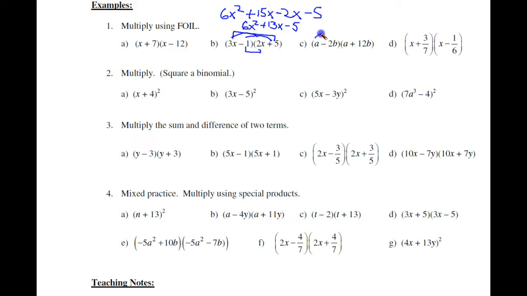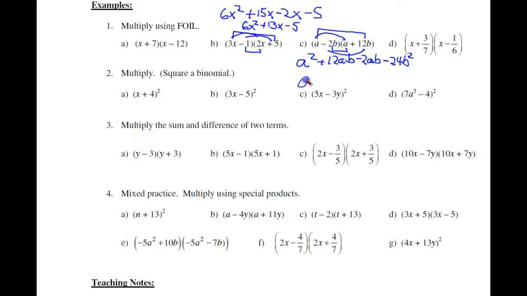Okay, first, a squared, outers, plus 12ab, inners, a negative 2ab, and last, a negative 24b squared.